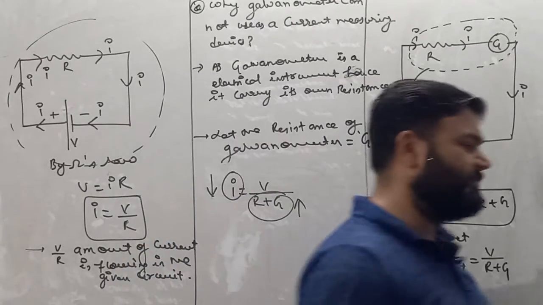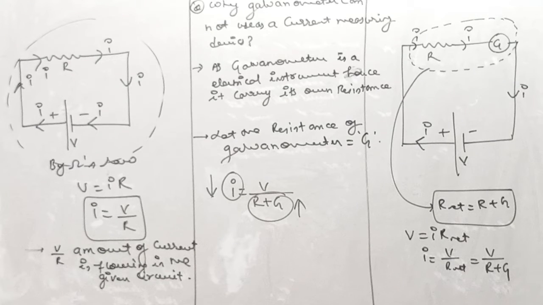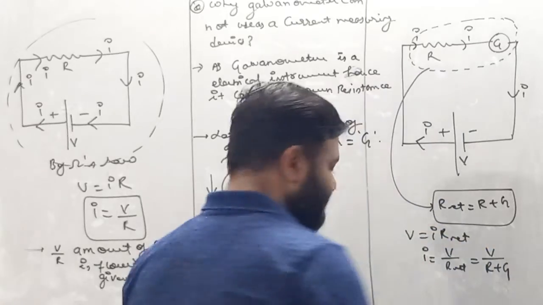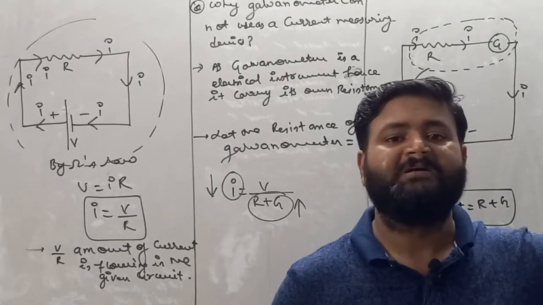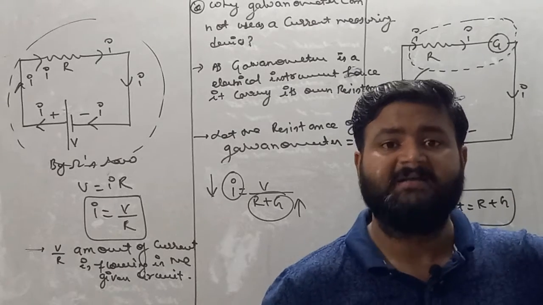Write down in the form of a note, my dear student, write down. As the galvanometer has its own high resistance, due to that the net resistance of the circuit changes.